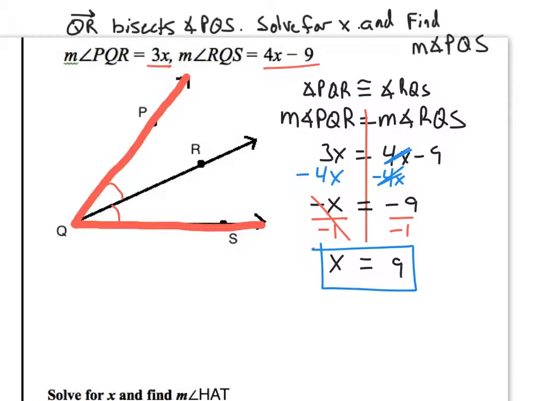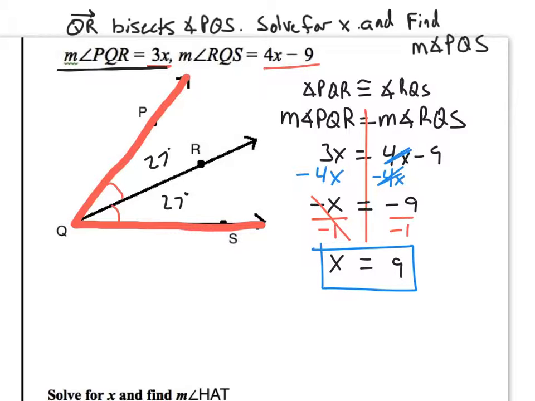One way you could find that is by simply finding the easier of the two small angles. For example, the measure of angle PQR is 3x, so therefore it's just simply 3 times 9, or 27. And so then you would know that it's going to be 27 here, it's going to be 27 there, so all you'd have to do is add together 27. So we can find out what the answer should be, but I want to practice the algebra right now.